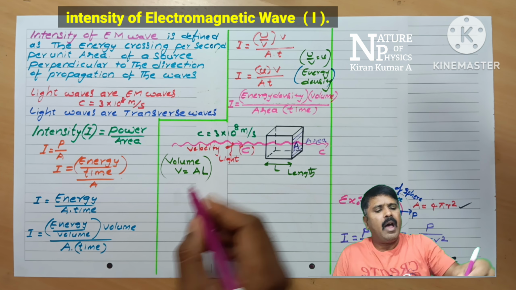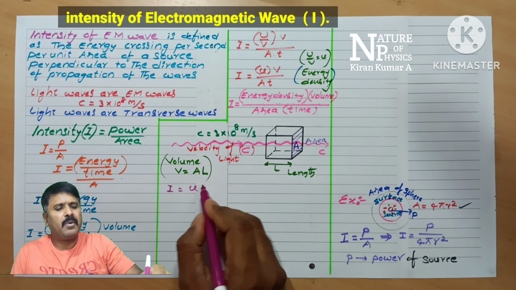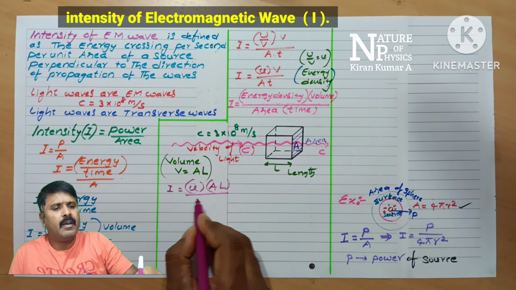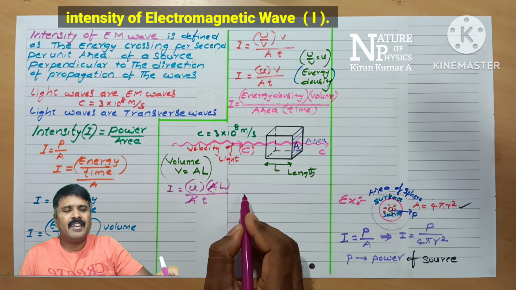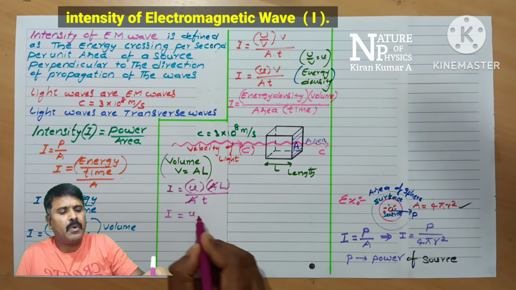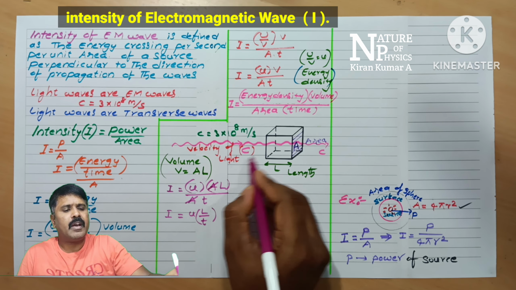Now intensity I is equal to u times volume, which is area times length, divided by area times time. The area cancels, so I get I equal to u L divided by T. This L by T is the velocity of light.